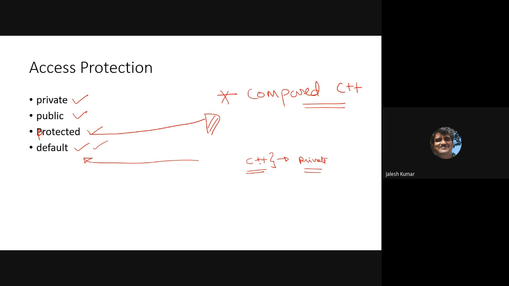And in C++, protected means only in the inherited class. Like class A, if I declare one variable as protected int, it is possible to access that particular variable in the extended class only. In class B you can use it. It is not possible to use it in any other class. That's what C++ protected is.